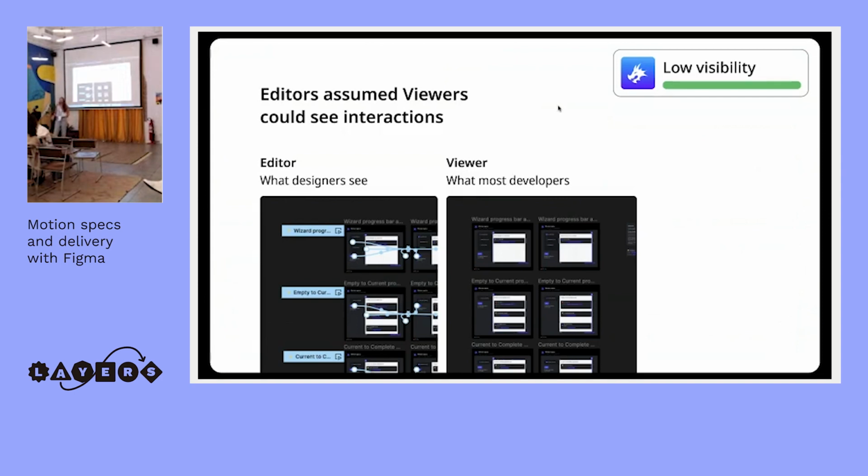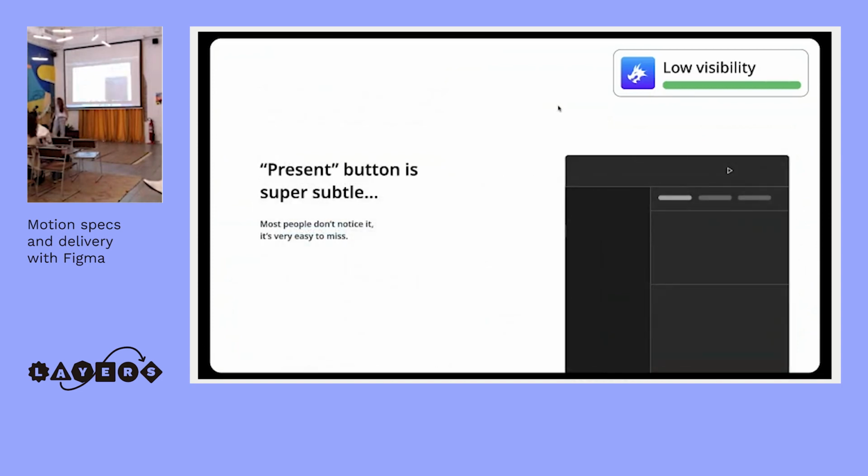They only see the static frame, so they have no idea there is a prototype to see. Also, the play button for Figma is not really prominent. It's very subtle. So developers weren't even aware. Some of the developers we talked to said, I had no idea what that is meant for. I've never seen that before.